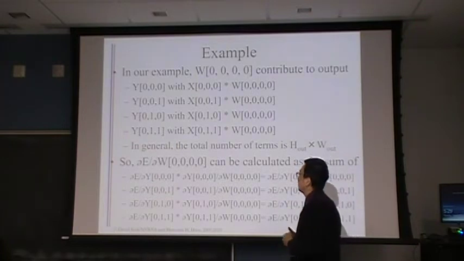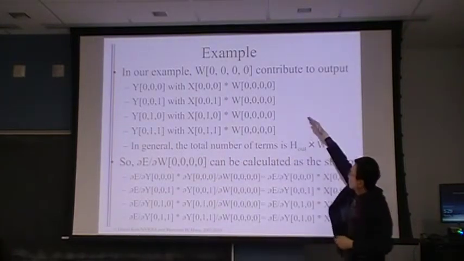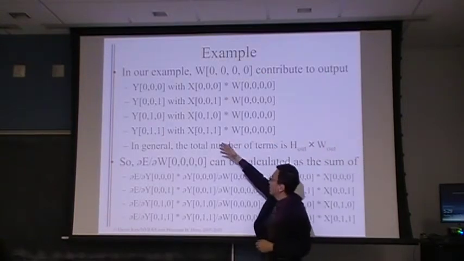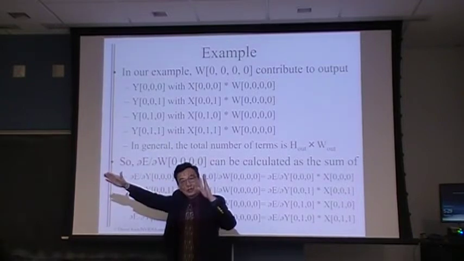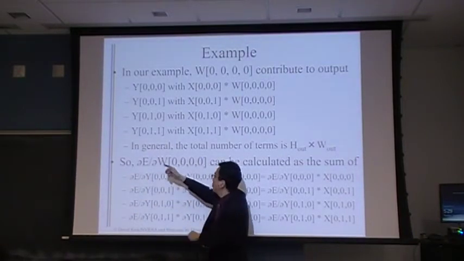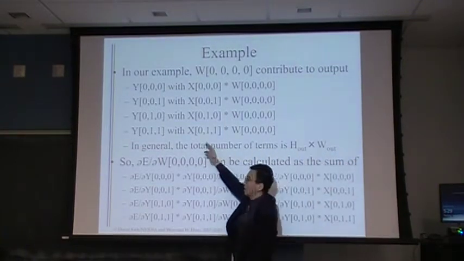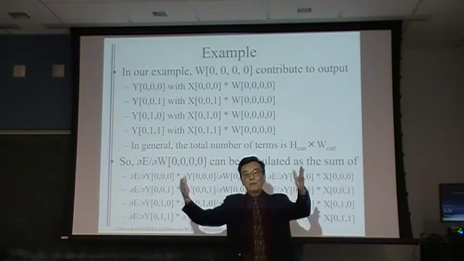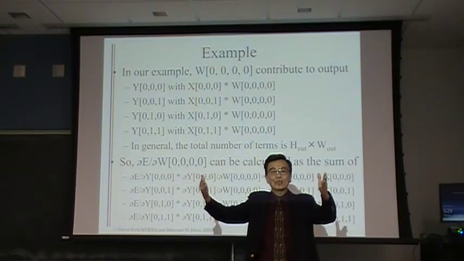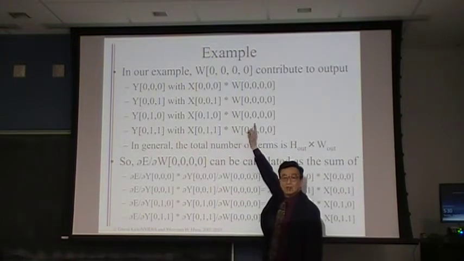So you should be expecting a total number of terms. For any size of the output dimension, we should have H out times W out terms in this form. Let's say if the output image is 1,000 pixels by 1,000 pixels, we should see 1,000,000 of these things.